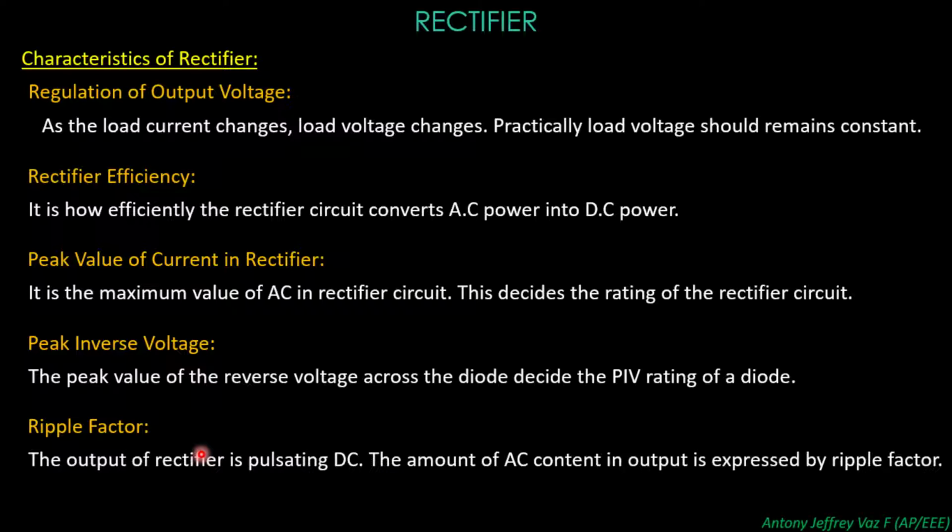Ripple factor. The output of a rectifier is pulsating DC. The amount of AC content in the output is expressed by the ripple factor. While you are converting an AC supply into a DC supply, the output given by the rectifier is pulsating in nature and it will have some ripples in the DC supply.